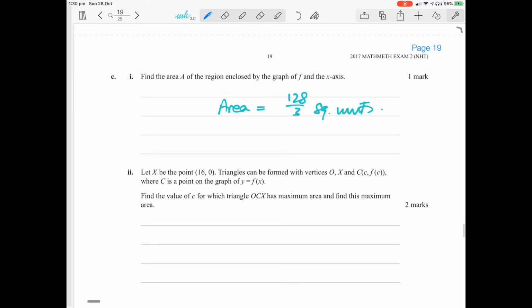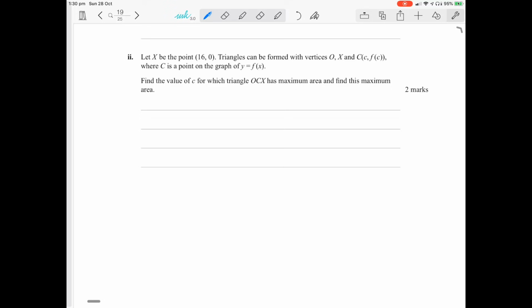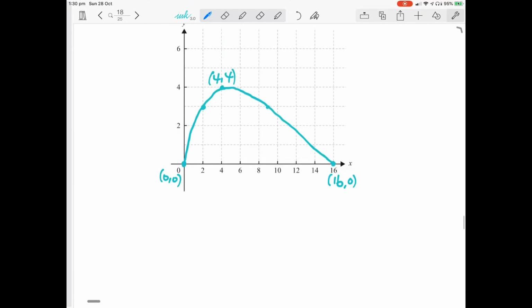Let X be the point 16, 0. Triangles can be formed OXC where C is some point. Find the value of C for which the triangle has a maximum area and find this maximum area.